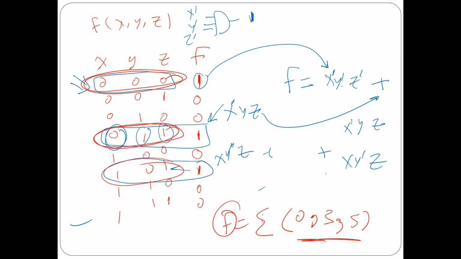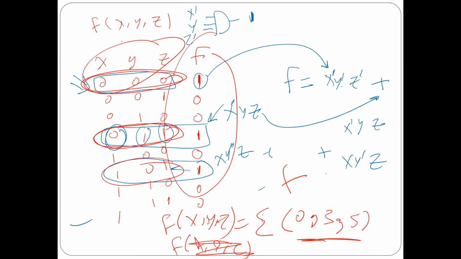It can work for 3, 4, 5, 6, 7, 10, 1 billion, 1 trillion variables. That's why, to be more accurate, I have to say f of x, y, z, or f of a, b, c. So I have to tell you how many variables. It's not something you can guess. I'm just lazy. I say f because I already told you x, y, z, but this is the right way to write. Any questions?